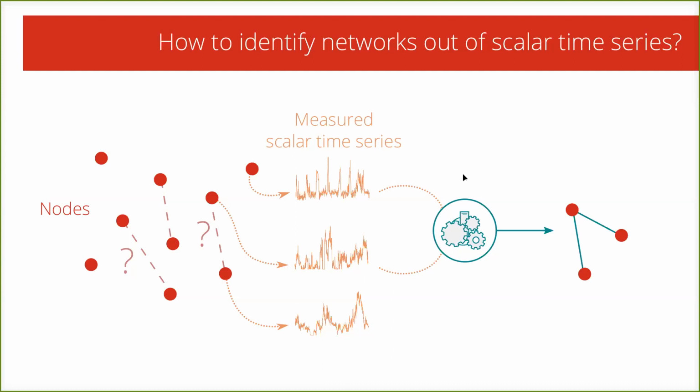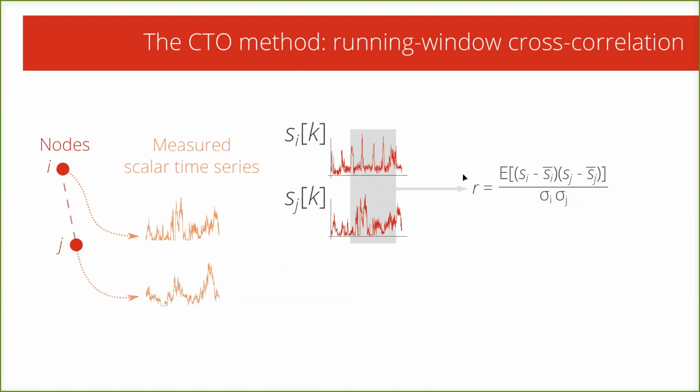Now, we propose a method which we call the CTO method, and I will explain why in a second. The method relies on cross-correlation between the scalar time series, which, however, we assess on running windows of different width.